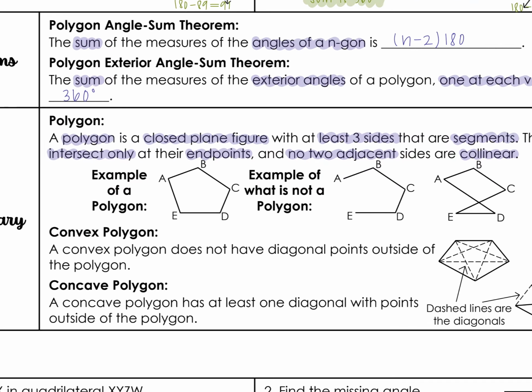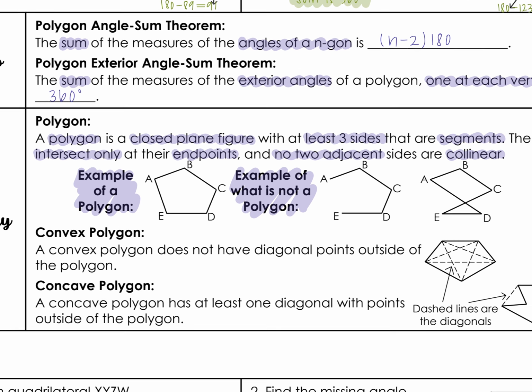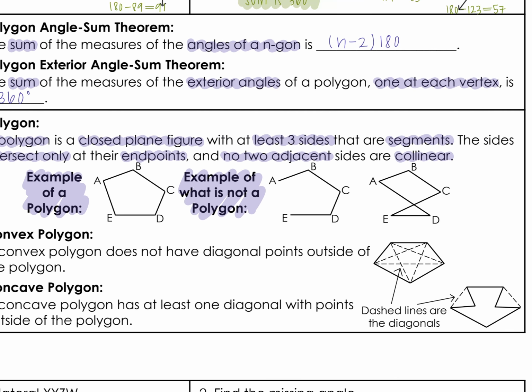All right, so you can see here we have some examples. We have an example of a polygon and an example of what a polygon is not going to look like. Okay, so noticing the first one, the figure is closed off, no openings. We have no lines continuing past where they intersect. Whereas over here on the other side where we have our non-examples, you'll see we have this hole in this picture.